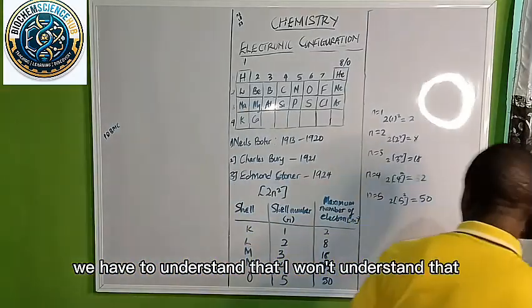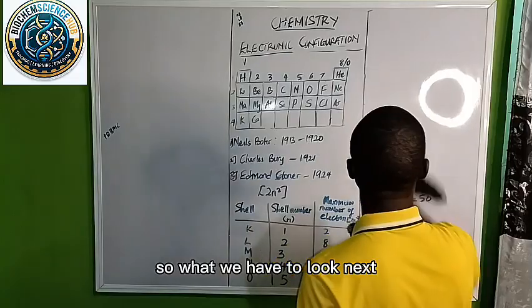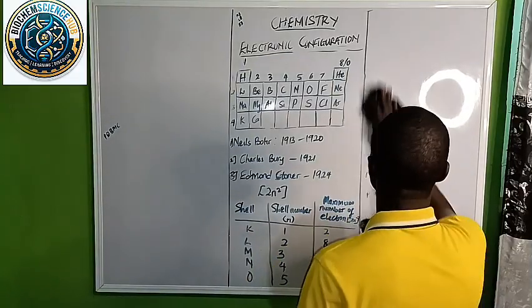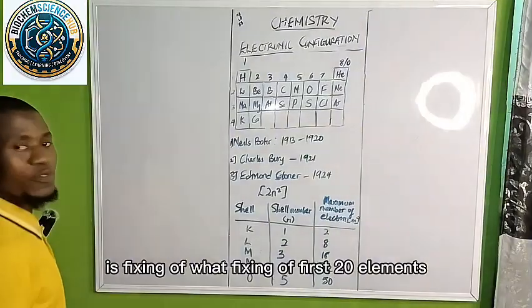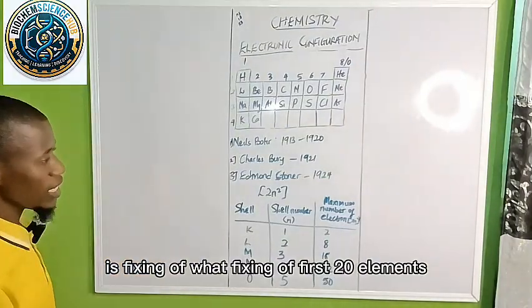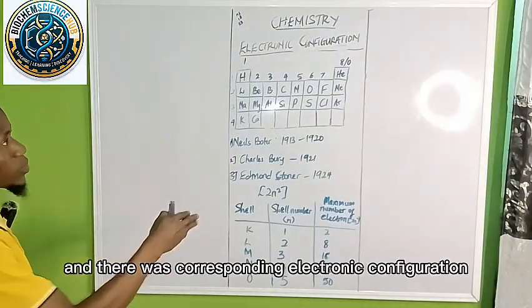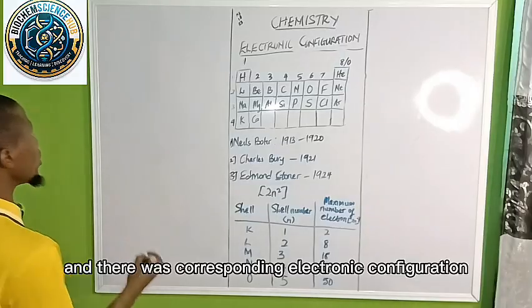I want to understand that. So what we have to look at next is fixing of what? Fixing of the first 20 elements and their corresponding electronic configuration.